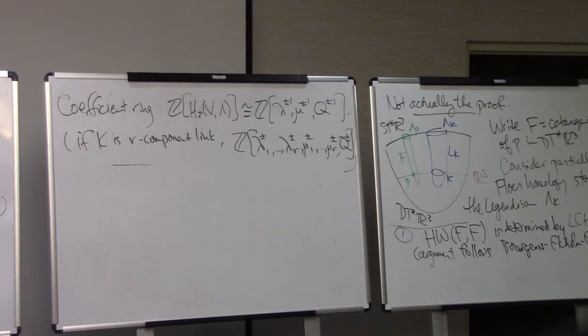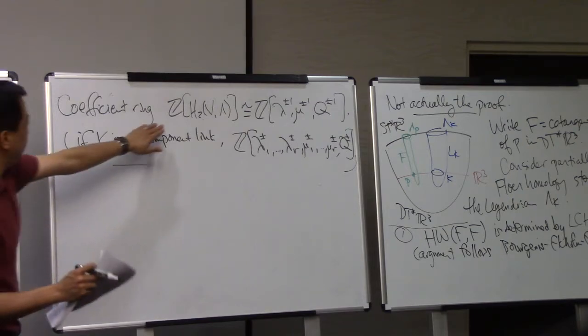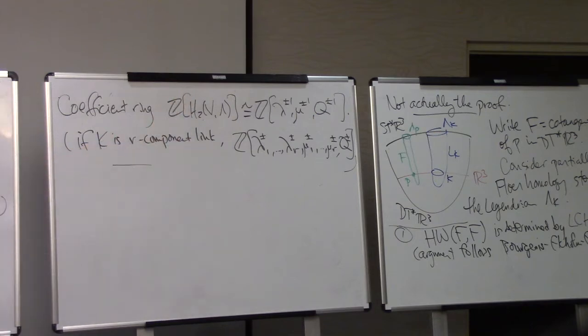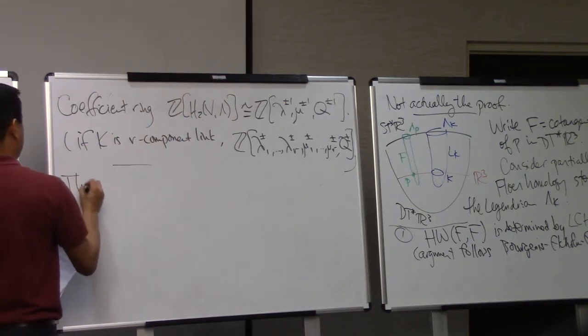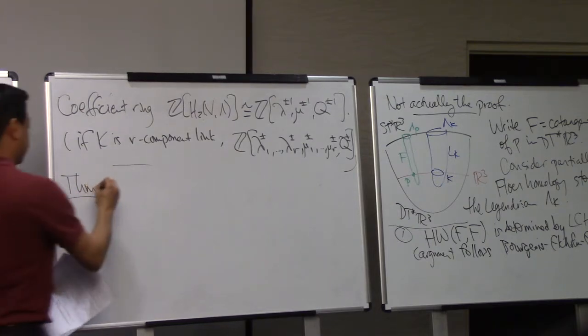So we have that contact homology is the homology of some differential graded algebra. That algebra is over this particular coefficient ring, and there's a result.